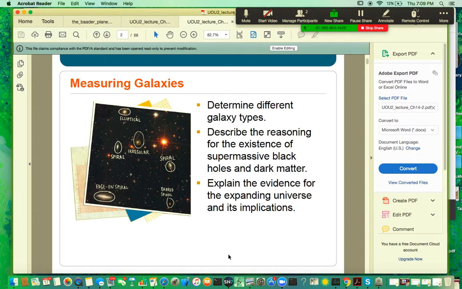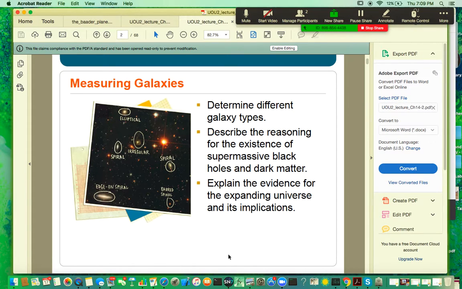We learn that our solar system is just one of the stars among 300 billion other stars in what we call our galaxy, our Milky Way. This chapter is about measuring galaxies. In fact, we learn that our Milky Way galaxy is not alone in the universe.